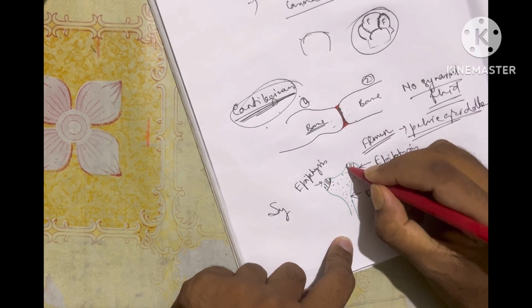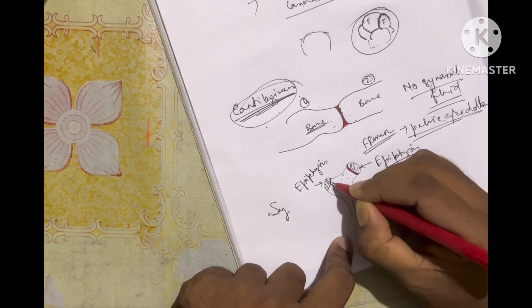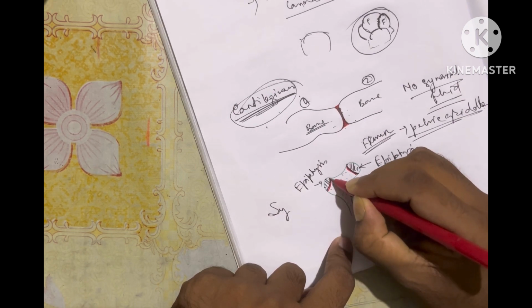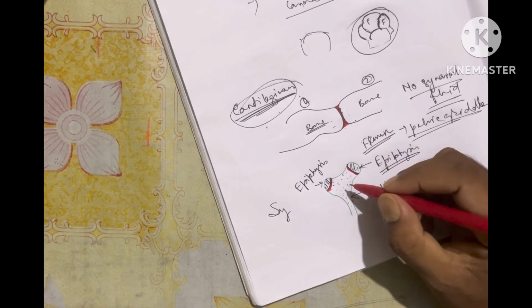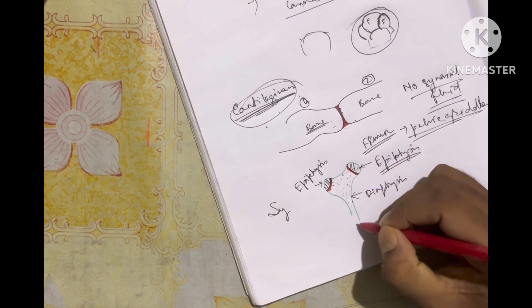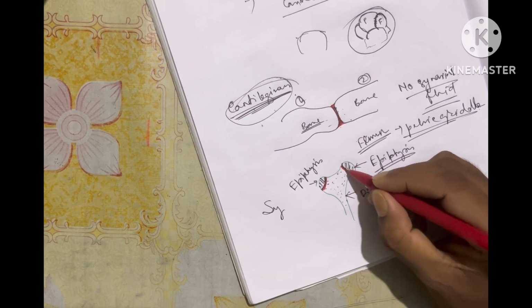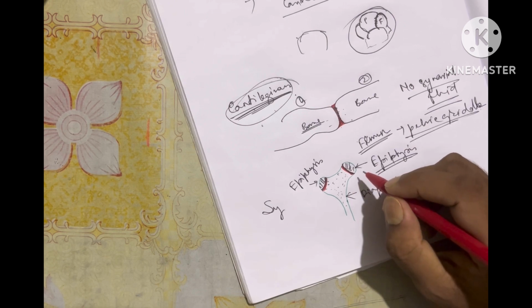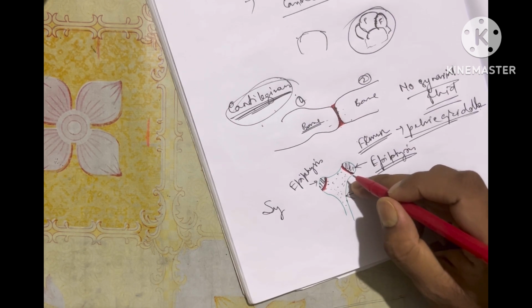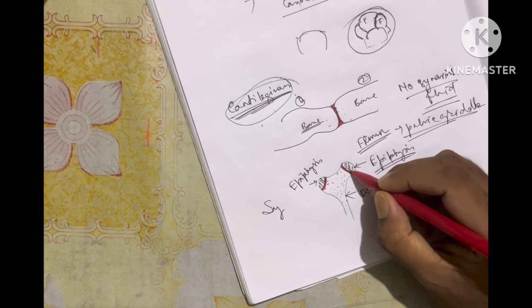When epiphysis and diaphysis connect, we have a cartilage present over here. Epiphysis is a bone and diaphysis is a bone, and combined both are called the femur, but in between the epiphysis and diaphysis we have some kind of cartilage, and that joint is called a cartilaginous joint.